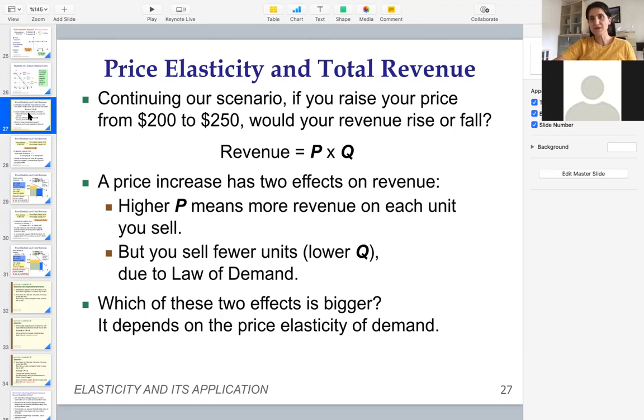Which of these two effects is bigger? It's going to lead to the answer for revenue change. It depends on the price elasticity of demand.